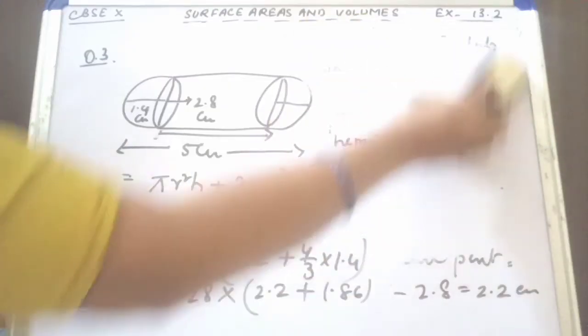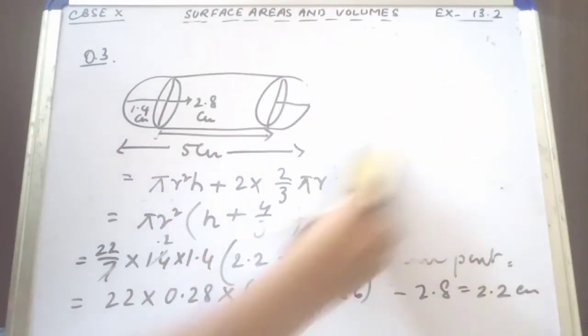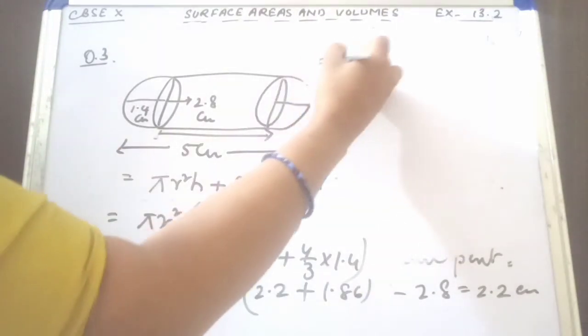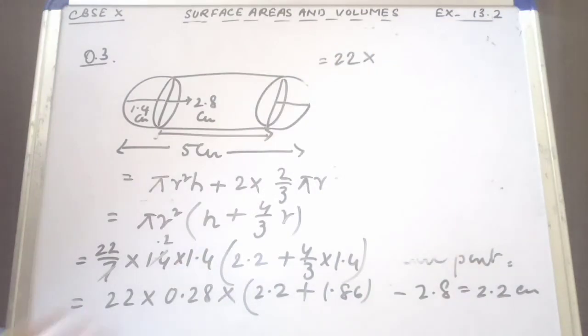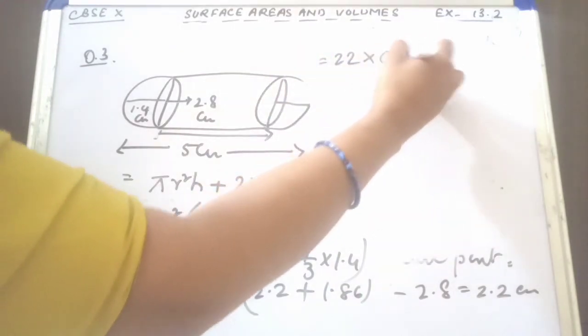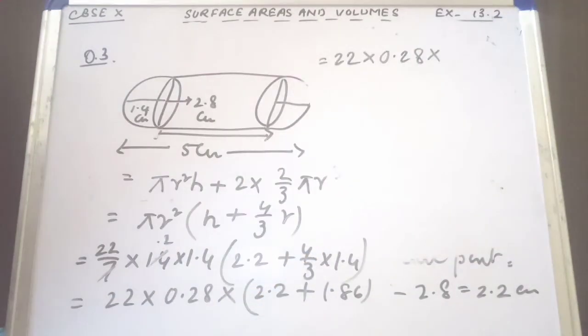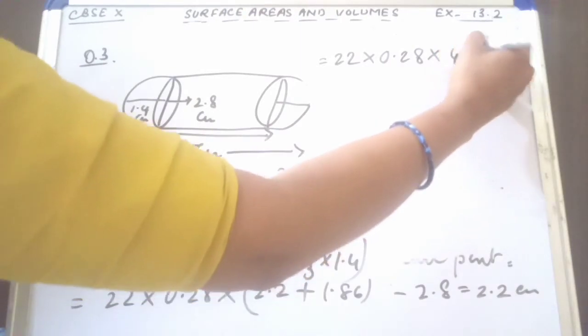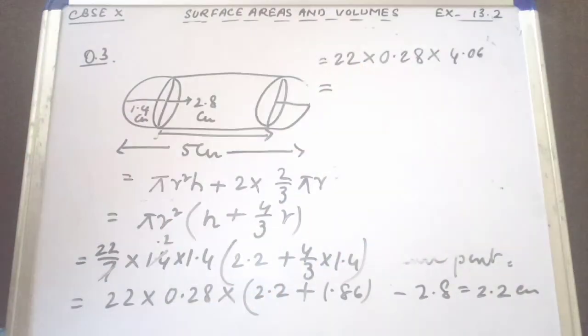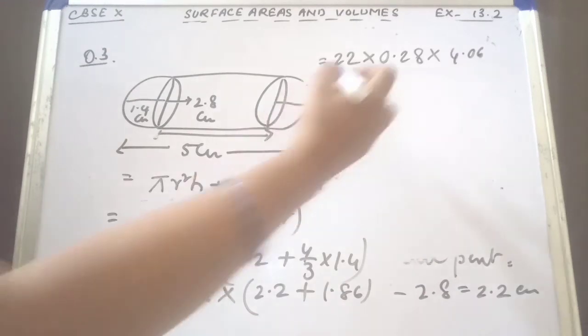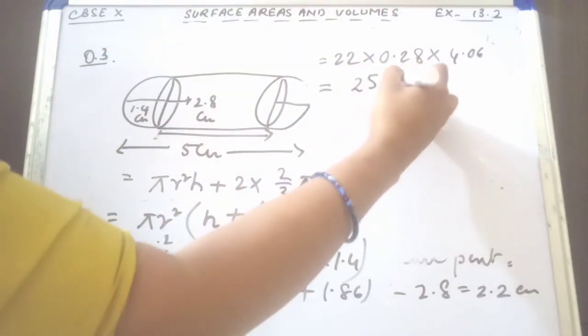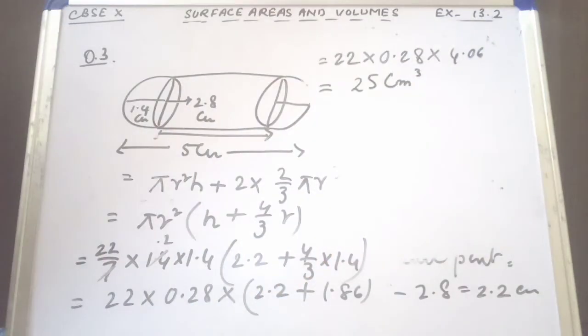Now 22 into 0.28 into 2.2 plus 1.86, that means 4.06. Now 22 into 0.28 into 4.06, that means 25 centimeter cube. So this is the volume of one gulab jamun.